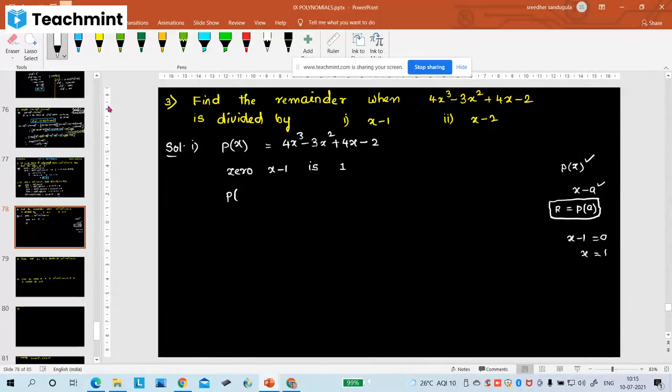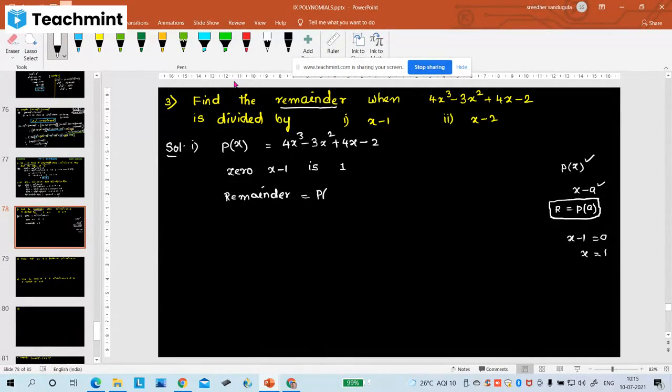Then remainder equals to, so let me write remainder because it is asked to find the remainder. According to the remainder theorem, remainder equals p of a.